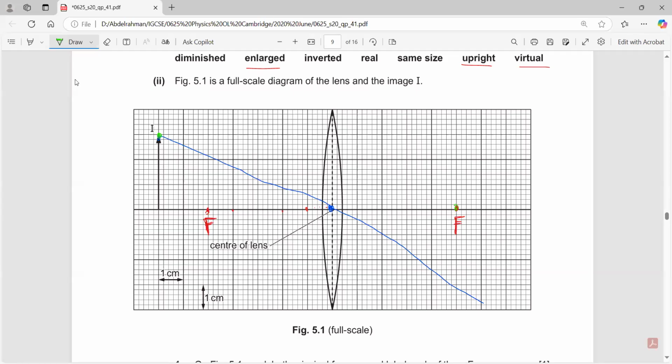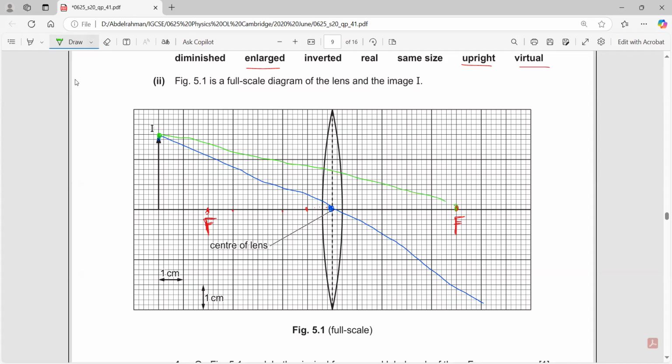It can actually do it through this focal point, but through the other focal point first. Definitely you're using your ruler.